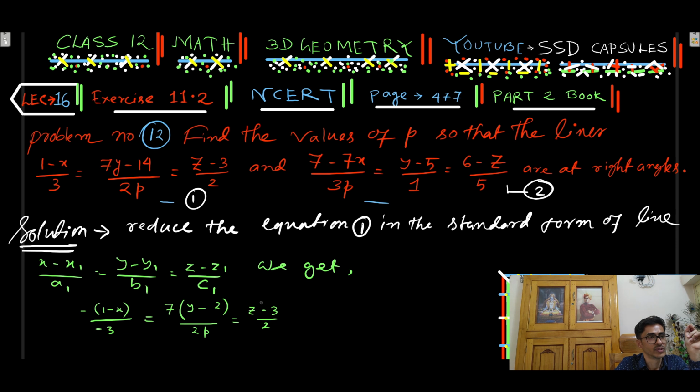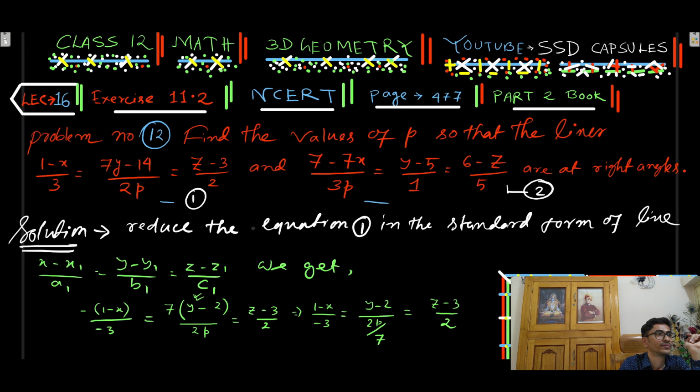To turn this into standard form, we divide the numerator and denominator by 7 of the second term. So 1 minus x by minus 3, y minus 2 by 2p by 7, z minus 3 by 2. So equation 1 is reduced to the standard form.